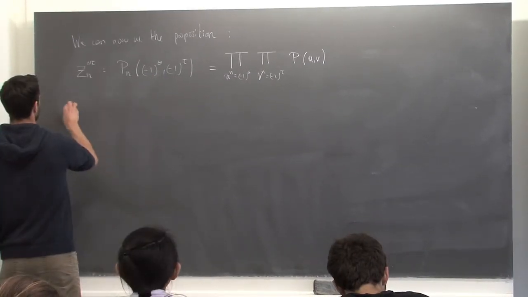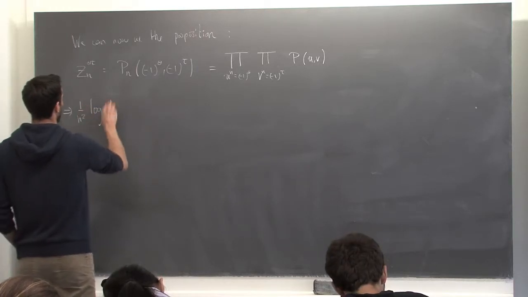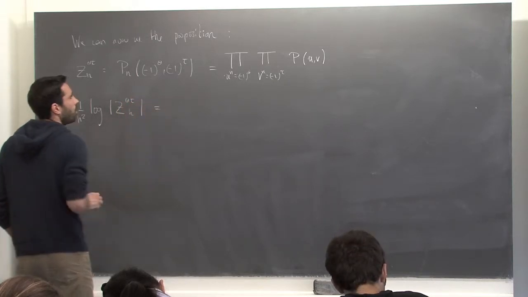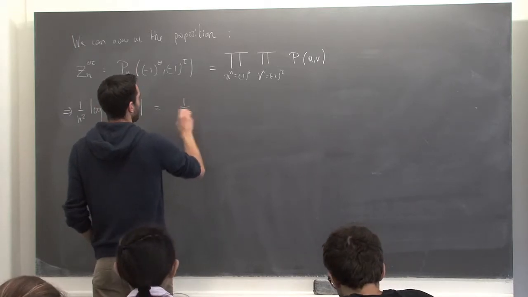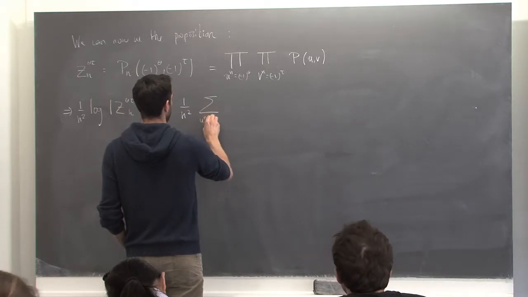Okay, so if I want to consider the log, well, let's say 1 over n squared log of the absolute value of Zn, what do I get? I think I already gave a little bit this argument last time. That's 1 over n squared, double sum.